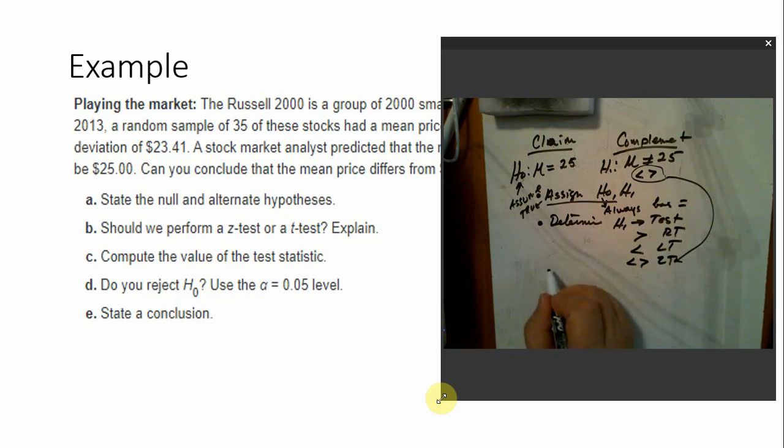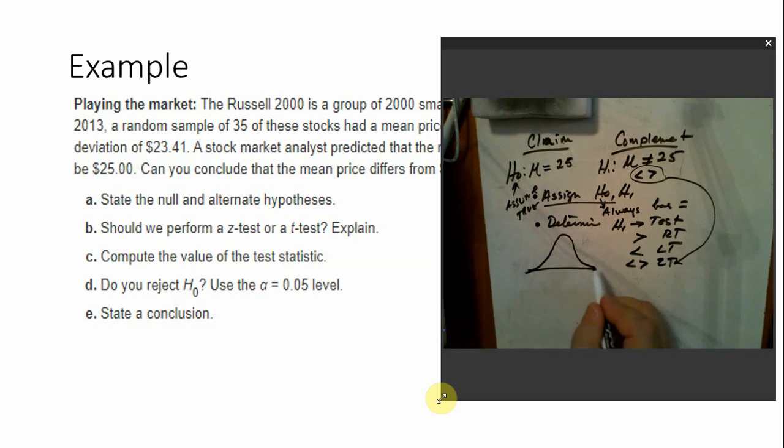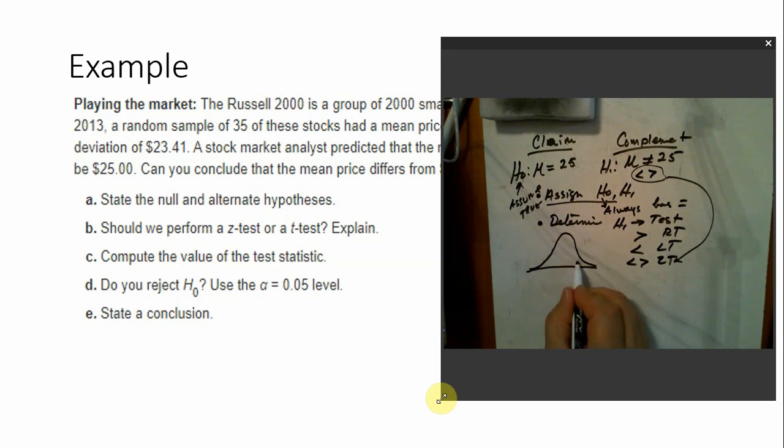Okay, so basically I go ahead and start developing what this thing looks like. In confidence intervals, I always had two tails. If I have a right tail, I'm going to draw a little area over here with all the alpha in there. If it was a left tail, I'd draw my little area over here with all my alpha in there.